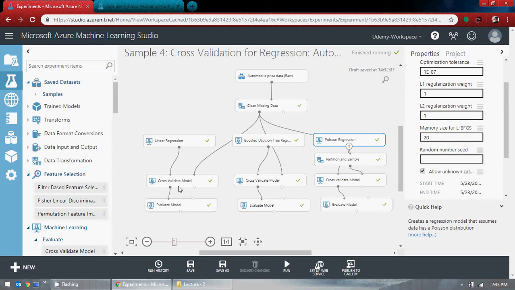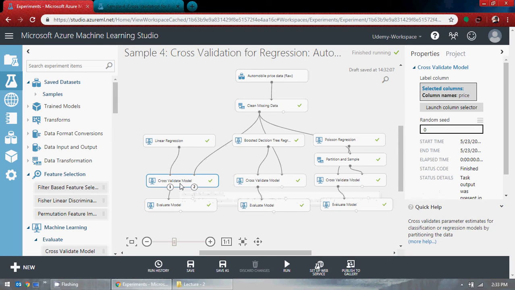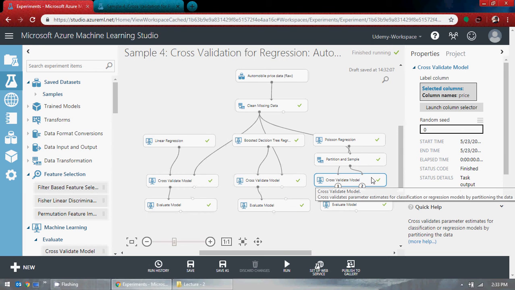That's good. And they are cross validating with the price. At the end of this, they are using all this price, but you don't have to use price. You can select 3 for 3 different things, but it has to be numeric. I don't think this works if you are using a string.